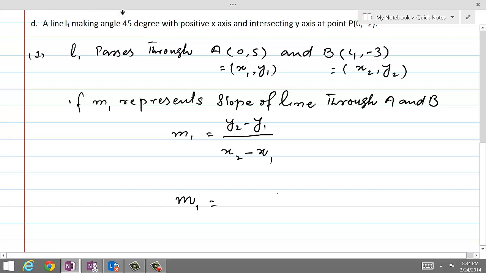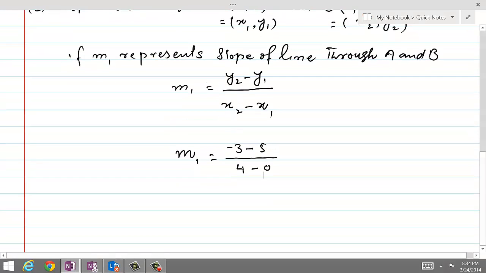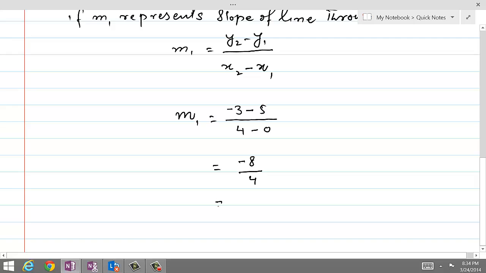We calculate minus 3, that is the value of y2, minus 5 over 4 minus 0. So M1 is equal to minus 8 over 4, and the answer is equal to minus 2. This is the slope of line L1. So let's write down M1.